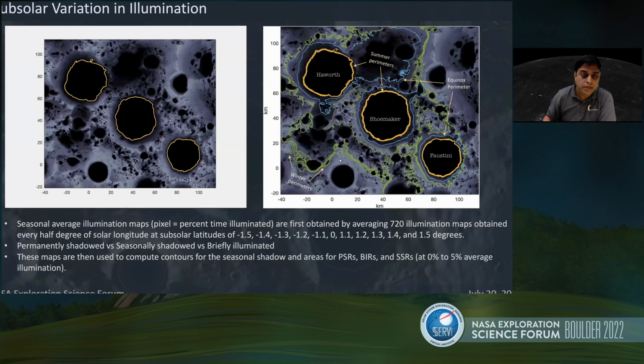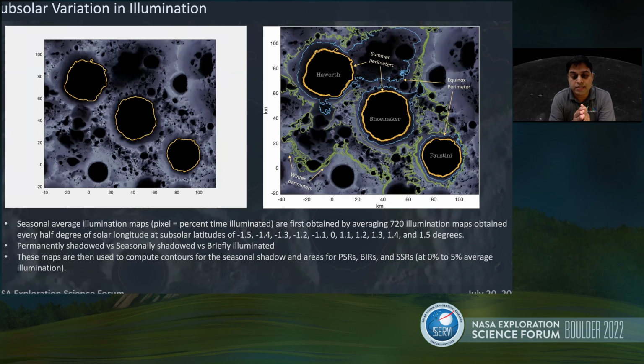Now, what I'm going to show you is what happens if we take the periods of solar illumination changing between subsolar latitudes of peak summer in the South Pole, like minus 1.5, to the peak winter in the South Pole.